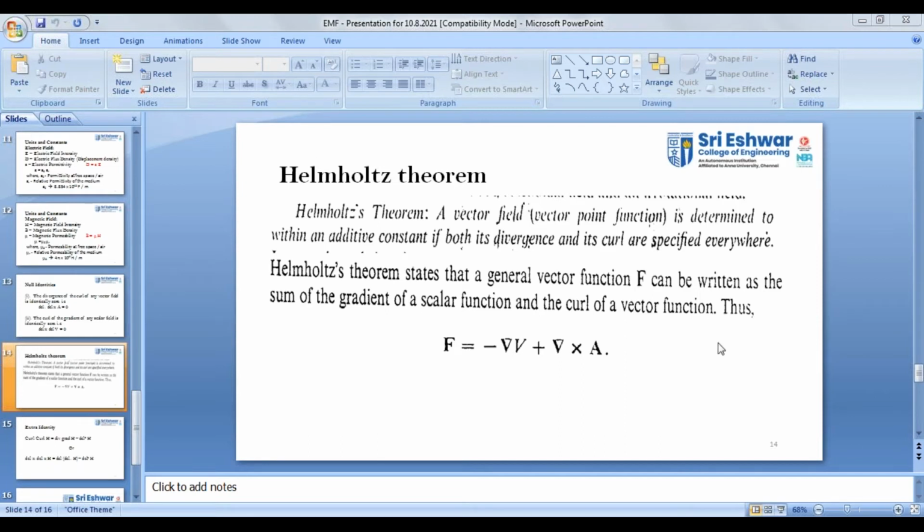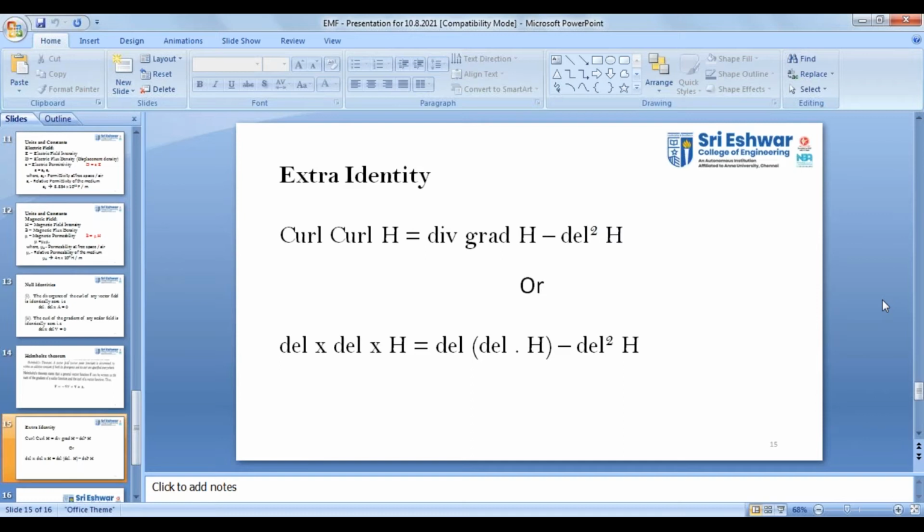I'll go to the next slide now, which is the last slide for today. This is another popular identity.